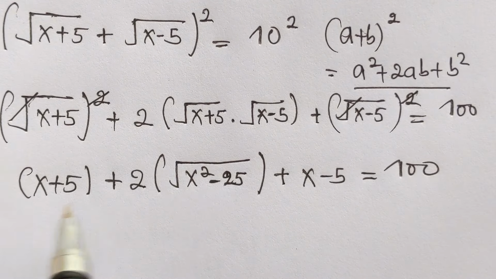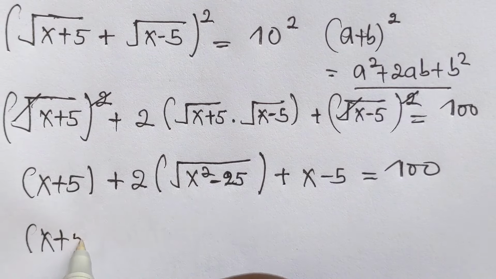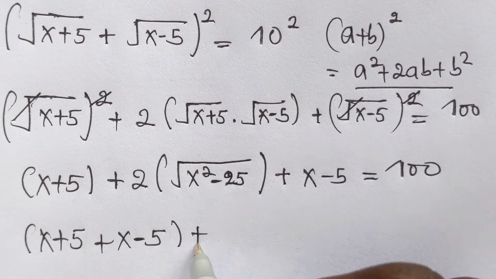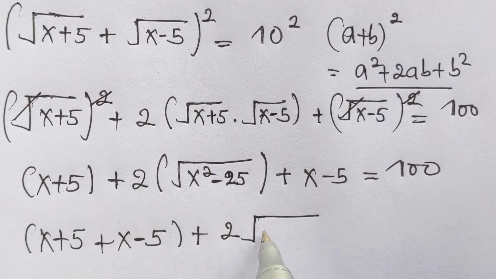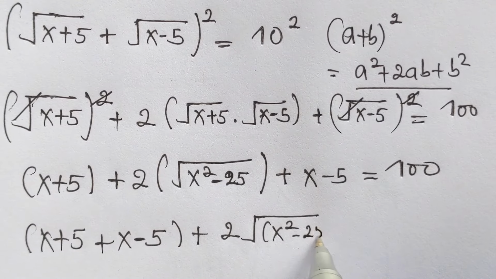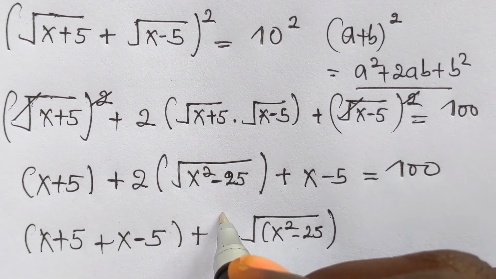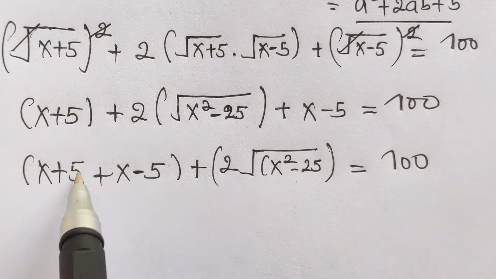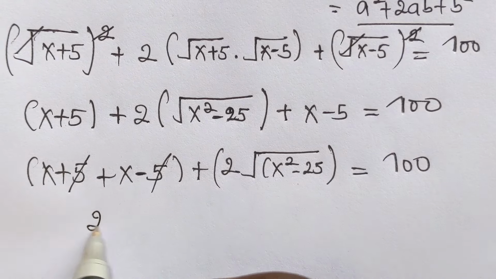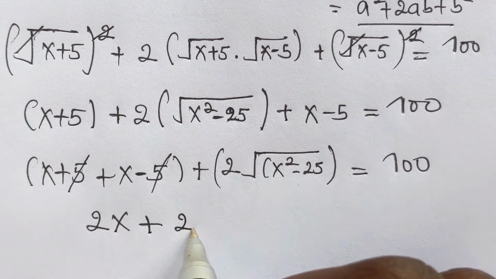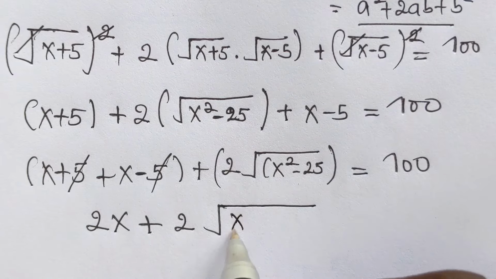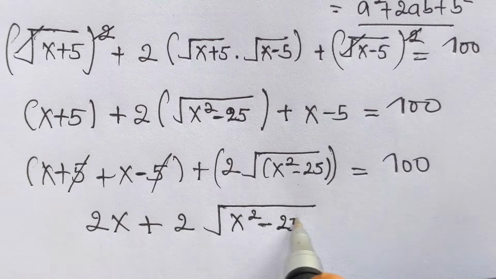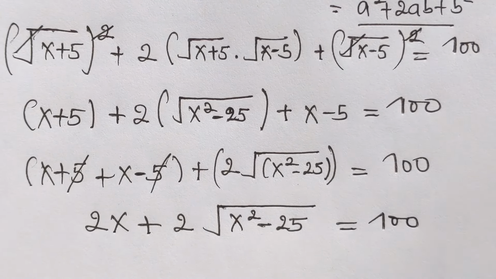Of course here we shall group like terms to get x plus 5 plus x minus 5 plus 2 square root of x squared minus 25, which equals 100. The 5s cancel to get 2x plus 2 square root of x squared minus 25 equals 100.